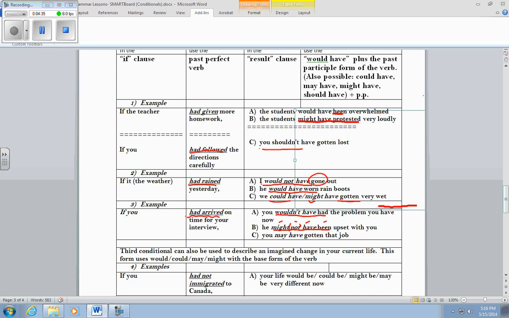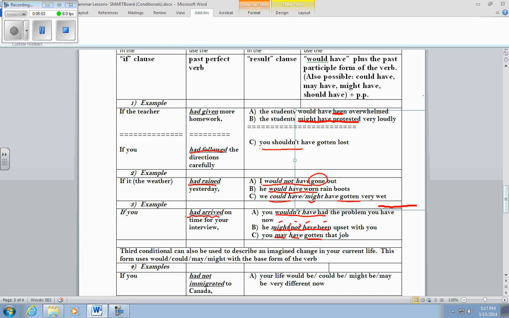If you had arrived on time for your interview, you may have gotten that job. Okay? So again, we are thinking about a situation that didn't happen and trying to imagine what might have happened if that situation had been different.